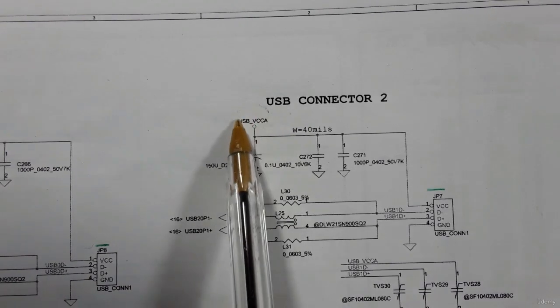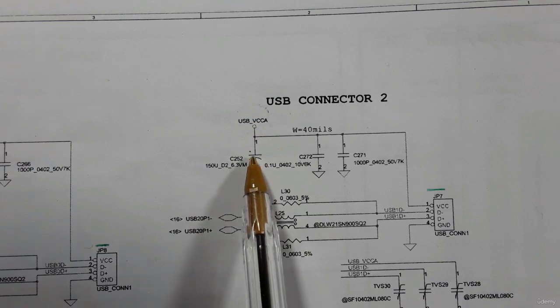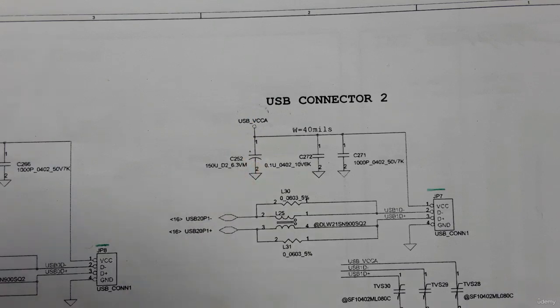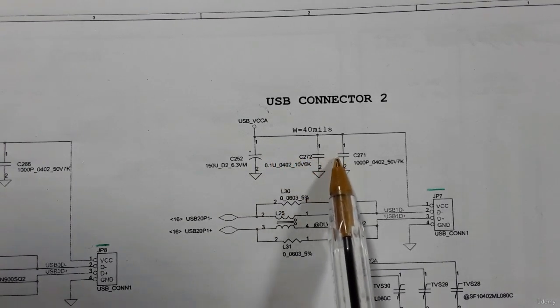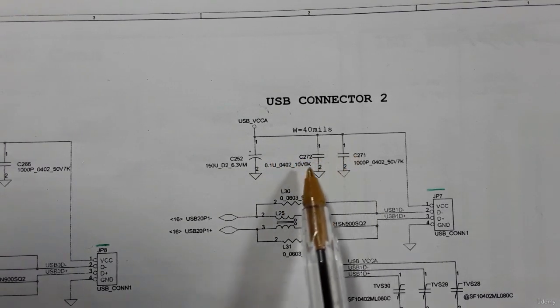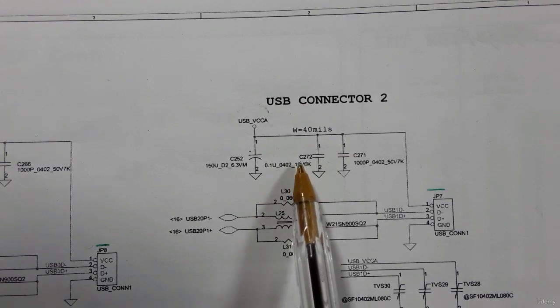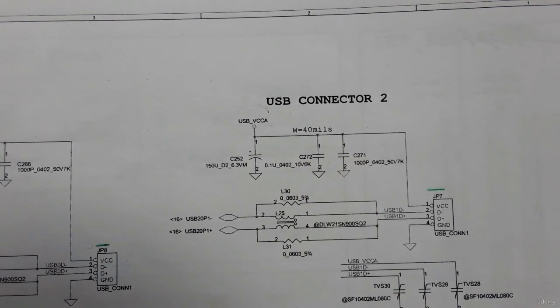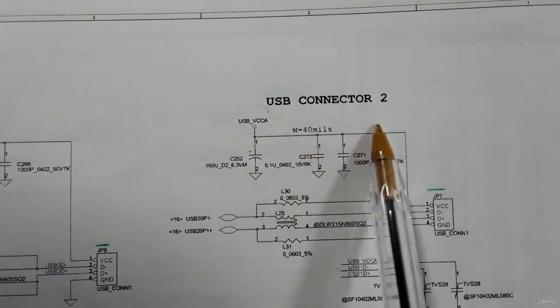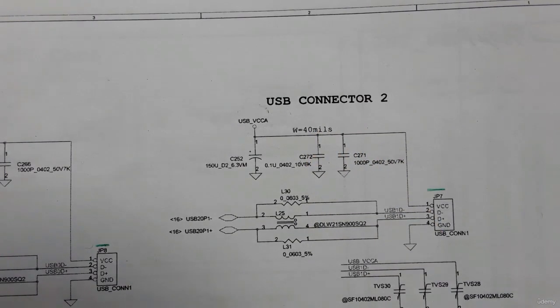As you can see, this VCC passes through this chemical capacitor and then through some ceramic capacitors, C272 and C271. C means capacitor, and then it goes to pin number 1.